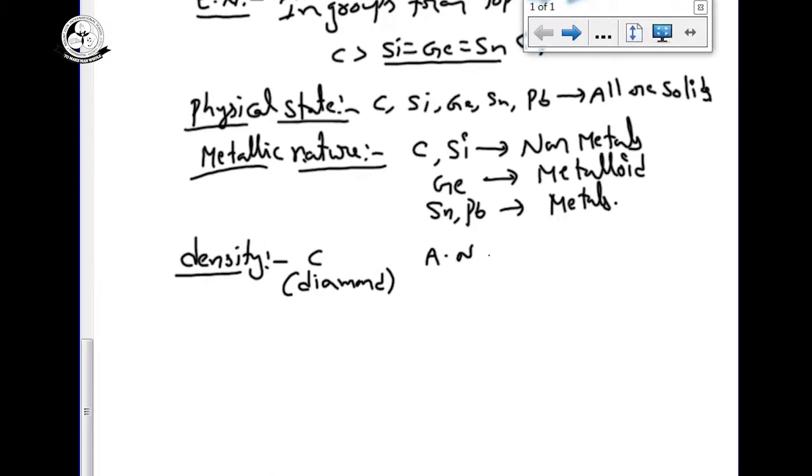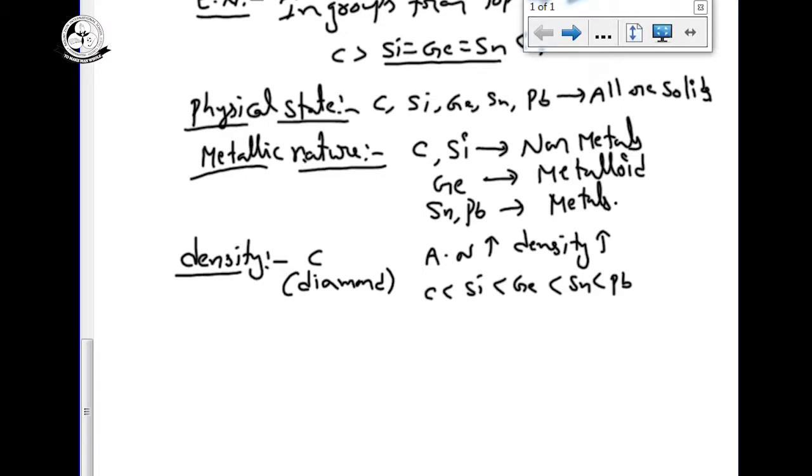So the general order is carbon, silicon, germanium, tin and lead.